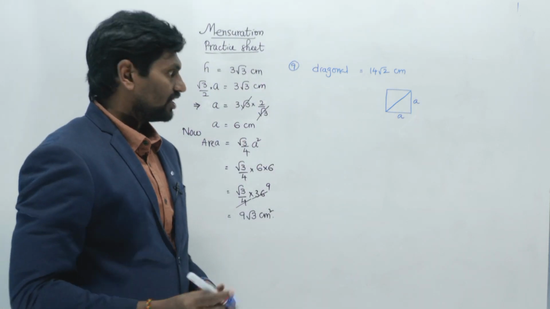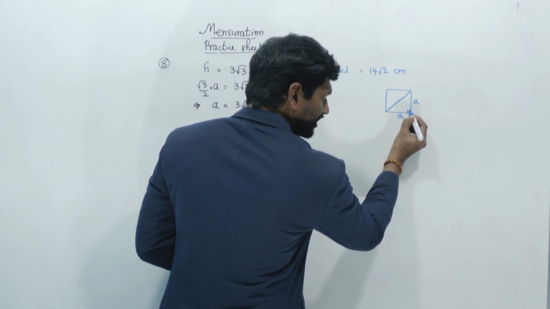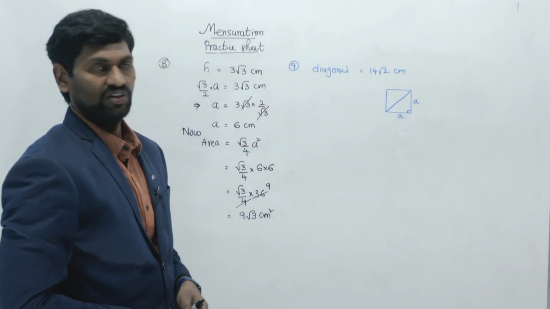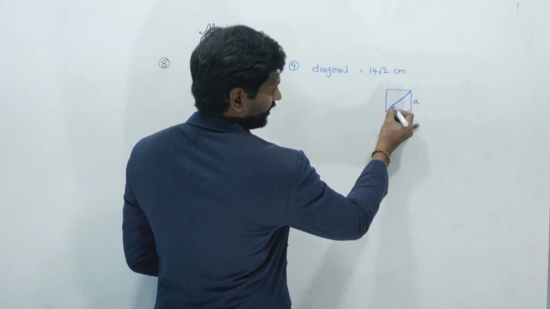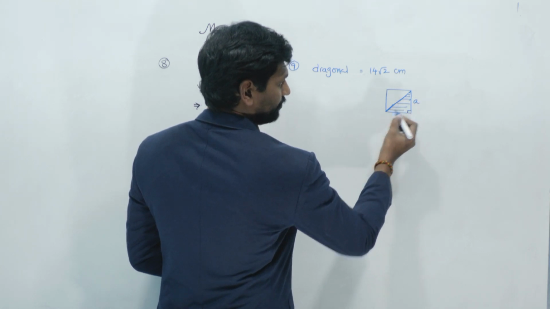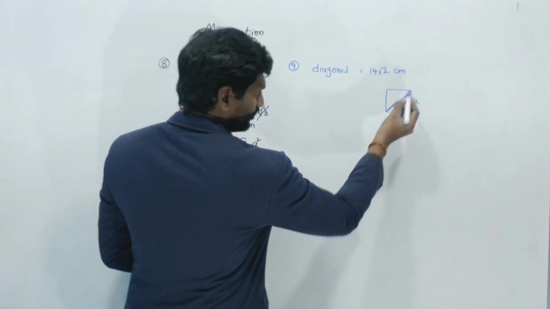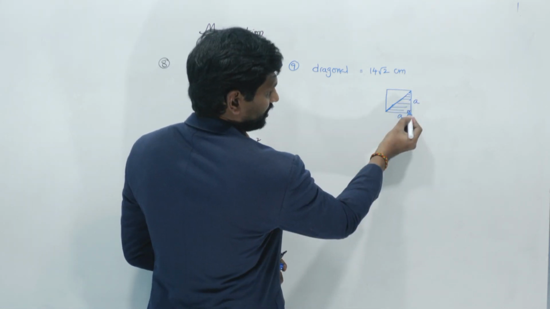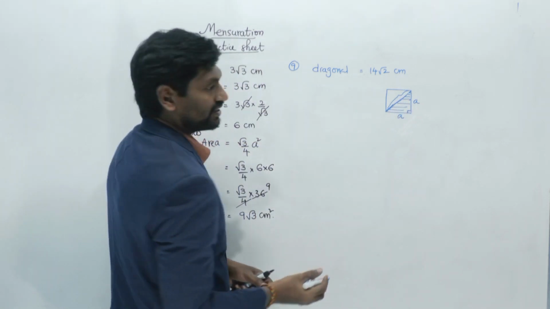Now we know the angle of a square is 90 degrees. Now this will be the diagonal of the square. While you are observing this, it will be a right angle triangle. By using the Pythagoras theorem, the side opposite the right angle will be the hypotenuse.